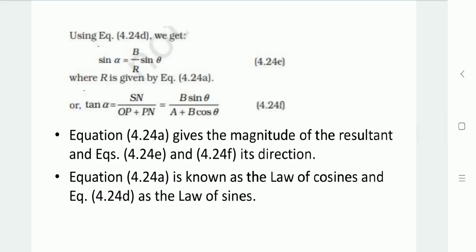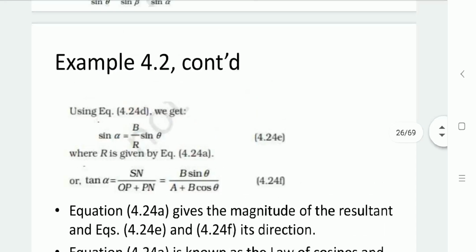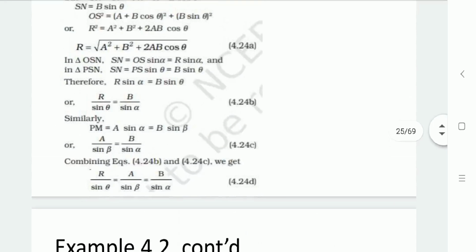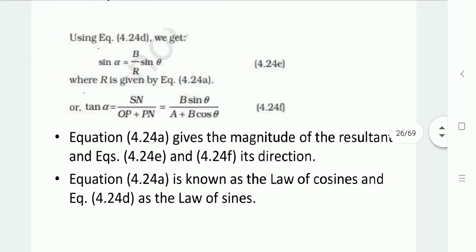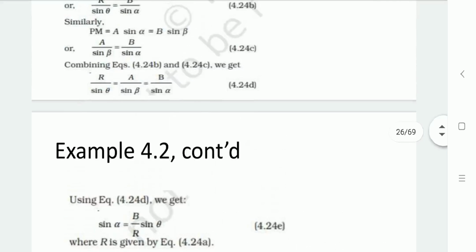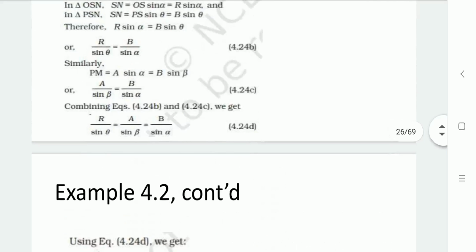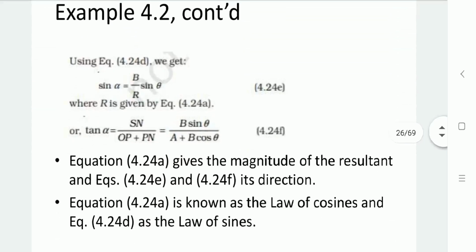Earlier we represented R, which defines the magnitude of the resultant vector. So here 4.24a defines the law of cosines, and 4.24d over here defines the law of sines.